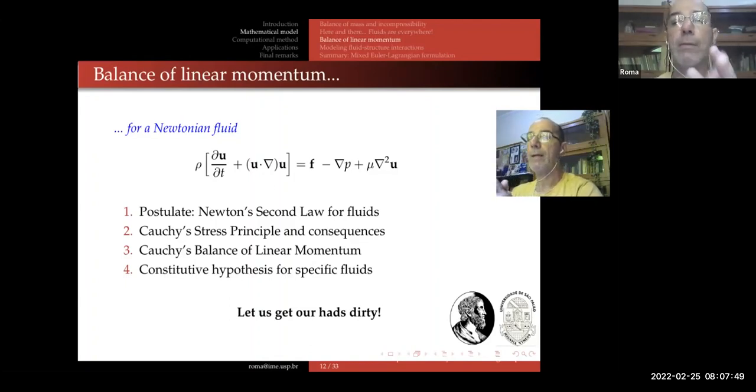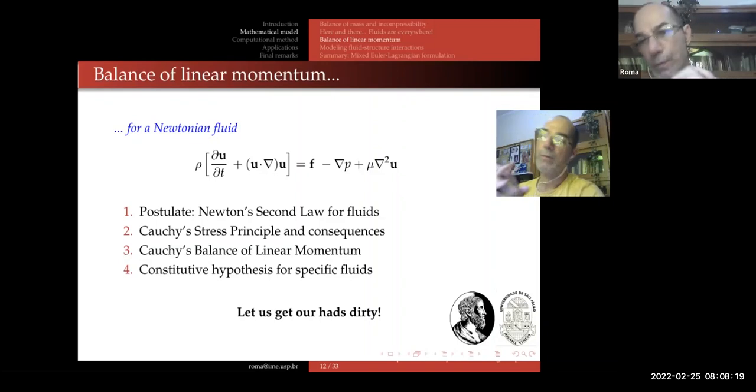Based on that, we can prove some properties for the stress forces. And at the end, using a classical argument called the Cauchy tetrahedron argument, we can prove that under all those assumptions, the stress forces are given by a linear transformation of the normal vector, which is a very surprising result.